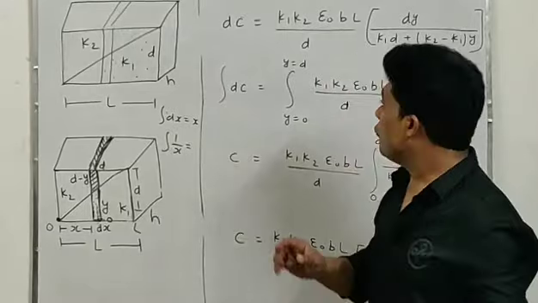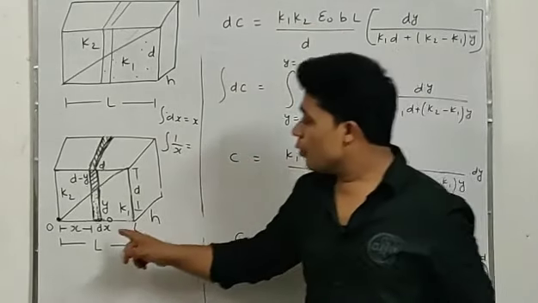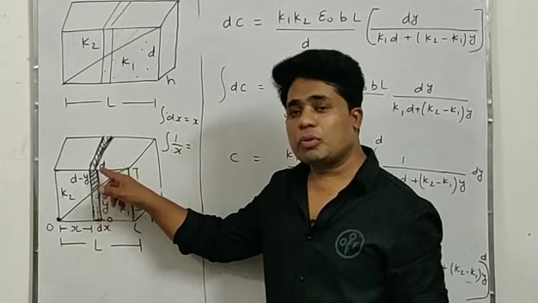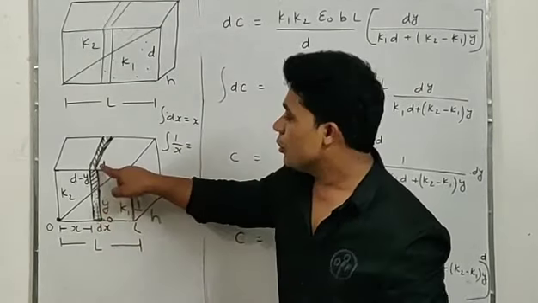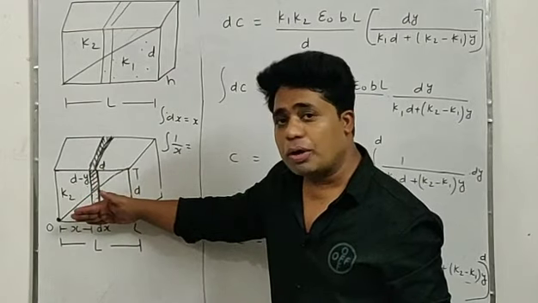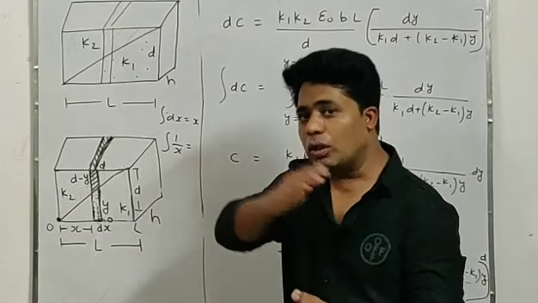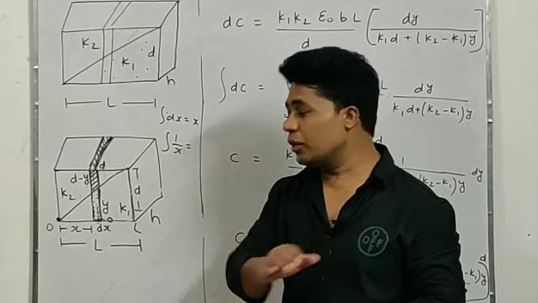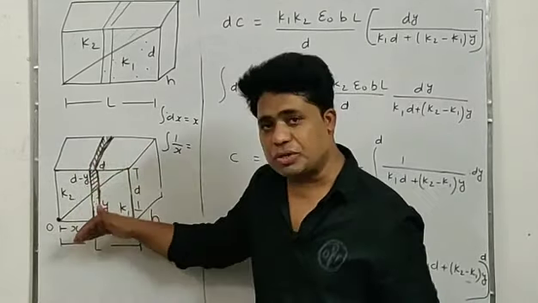For getting that, we have to integrate over all the segments that lie from 0 to D, the total depth. We'll find the capacitance of all the segments, and the capacitance of all the segments will give the capacitance of this two-capacitor combination.